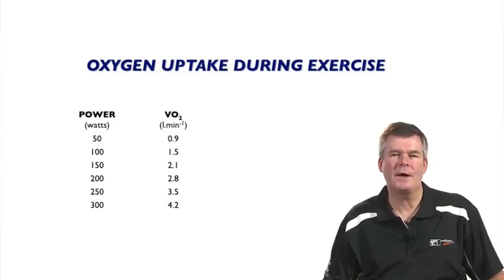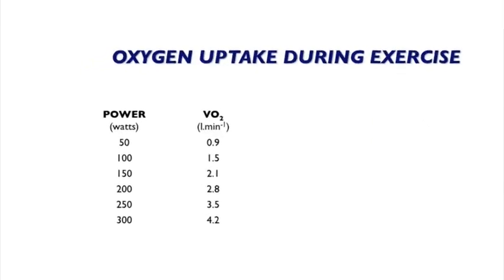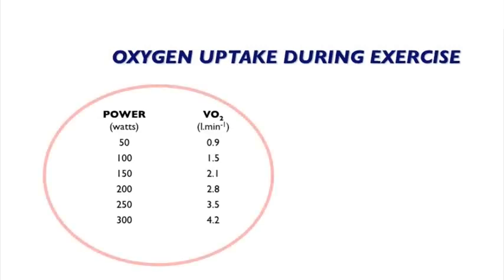So for a given power output, there is a fairly constant VO2. And you can see here, for various power outputs, as you increase the exercise duration, there is a characteristic VO2 associated with that power output.